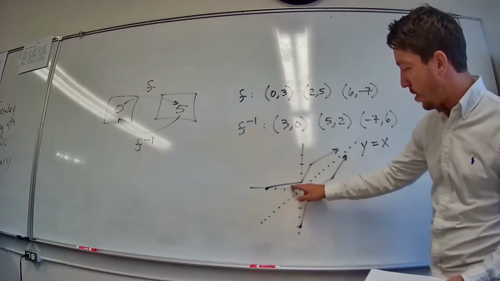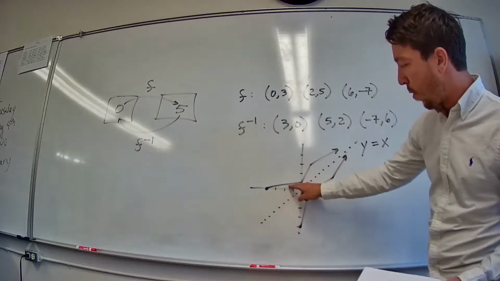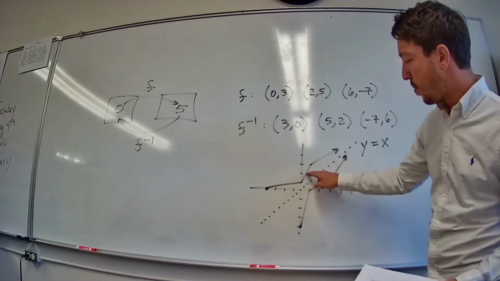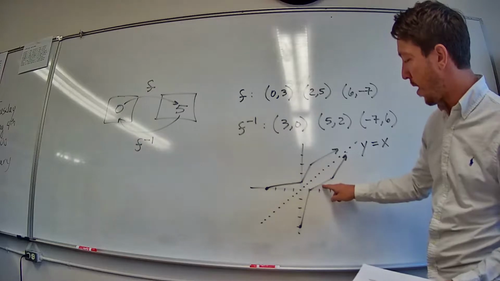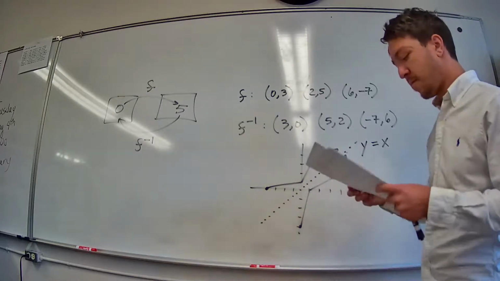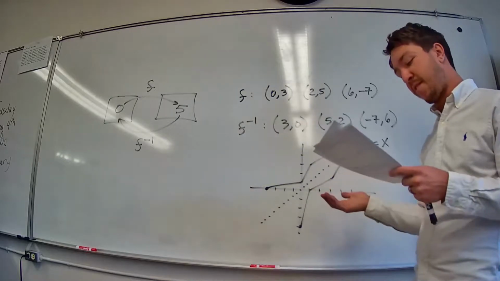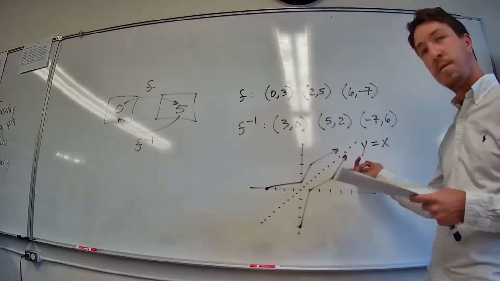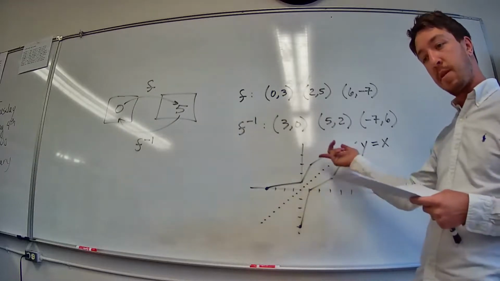So this slope is 1/4, and this slope is positive 4. This slope is 2. This slope is 1/2. This slope is, was it 2/3? You have a grid right in front of you. Slope is 2/3. Slope is 3/2. Does it make sense?